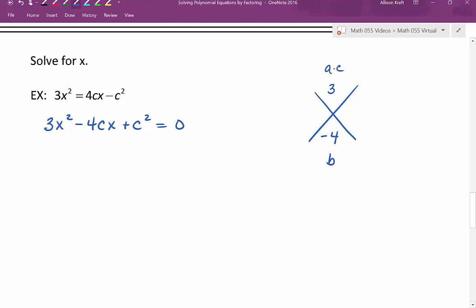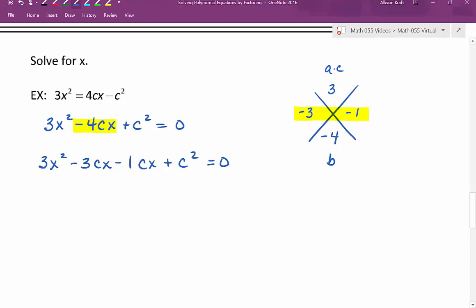We're looking for two numbers that multiply together to give us a +3, but add together to give us a -4. -3 and -1 work. We'll use these two numbers to strategically uncombine this middle term. We'll rewrite this 3x squared minus 3cx minus 1cx plus c squared equals 0.